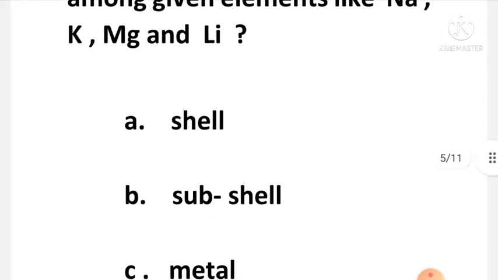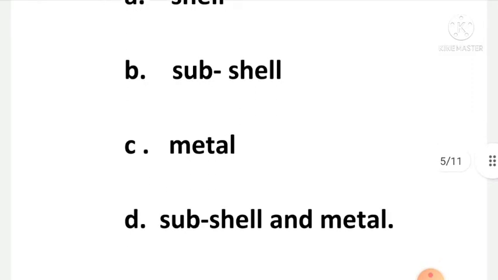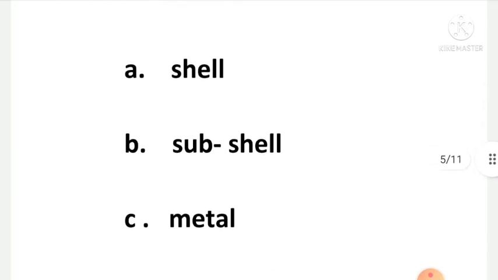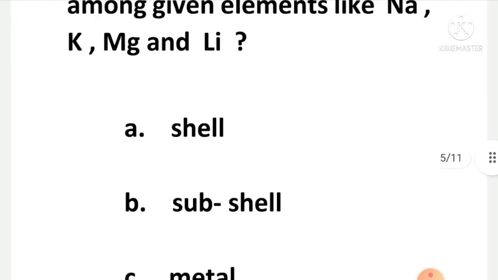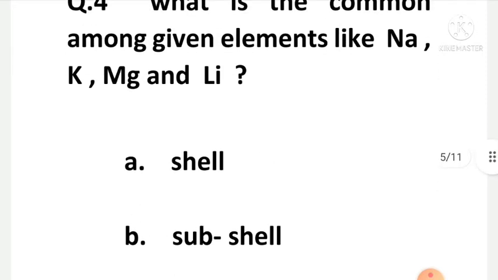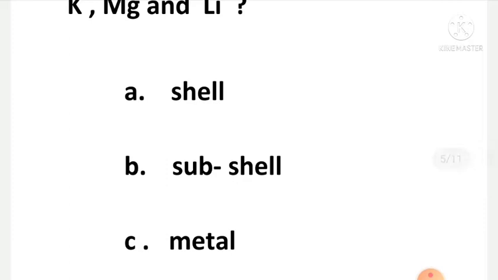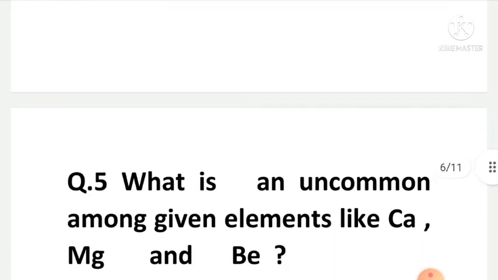A. Cell, B. Subcell, C. Metal, D. Subcell and metal. We have to calculate every option, then we can reach the correct answer. So you have to get the correct answer by solving these questions.